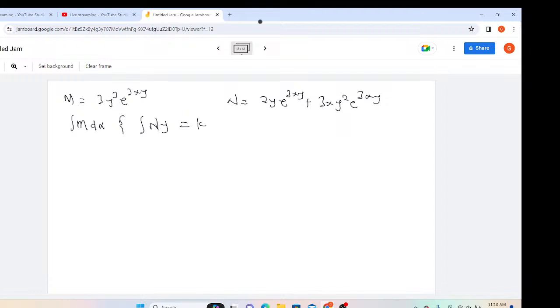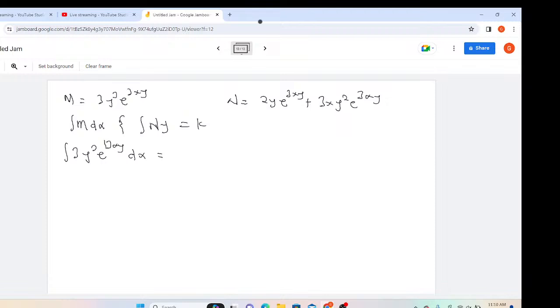So when integrating 3y cubed e^(3xy) with respect to x, I'm going to integrate each term. When I integrate this with respect to x, I assume my functions of y are constant. So my 3y cubed is just a constant multiplying the exponential of 3xy.